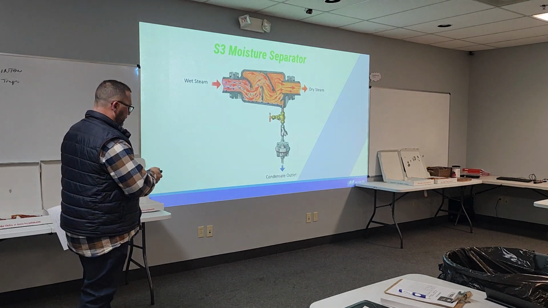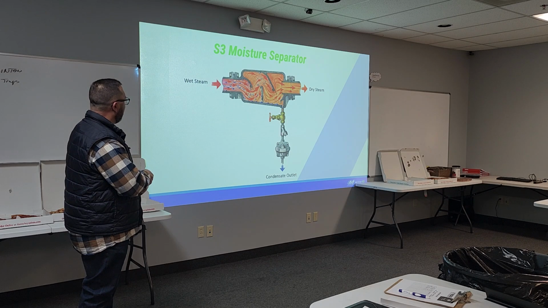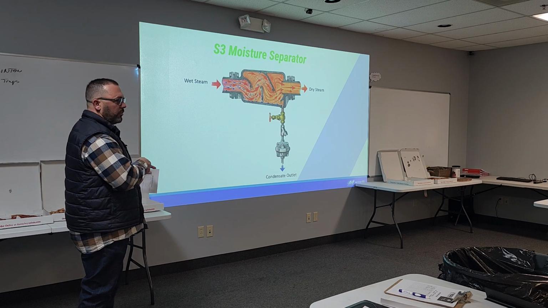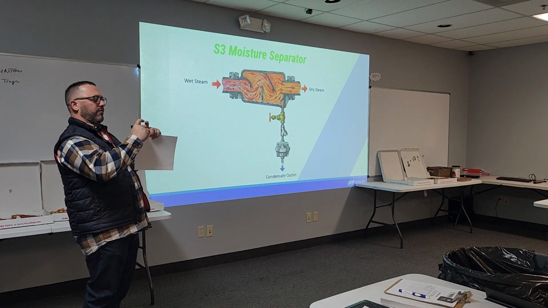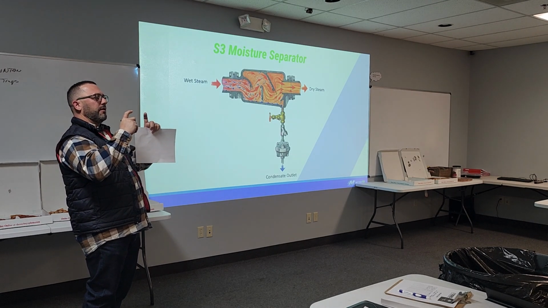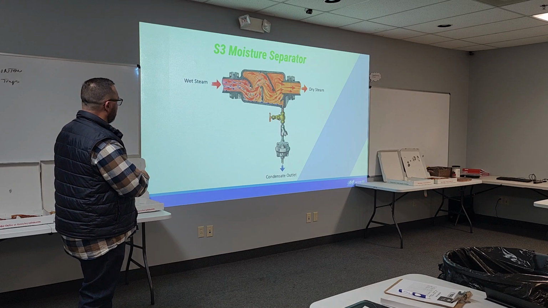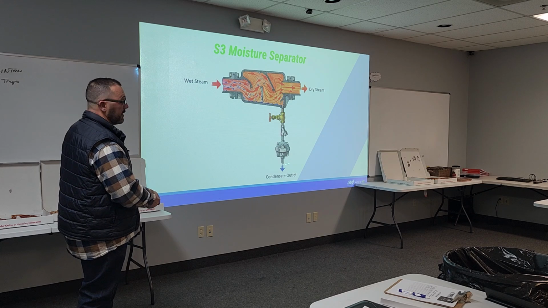The whole point is to slow the velocity down, which helps these little water droplets, the entrained moisture we're talking about, separate from the flow of steam. That's why, if the 4-inch pipe is this big, the inlet on that separator is going to be bigger. Then these little hooks force the condensate down, and in the case of a moisture separator, we just use an F&T trap.